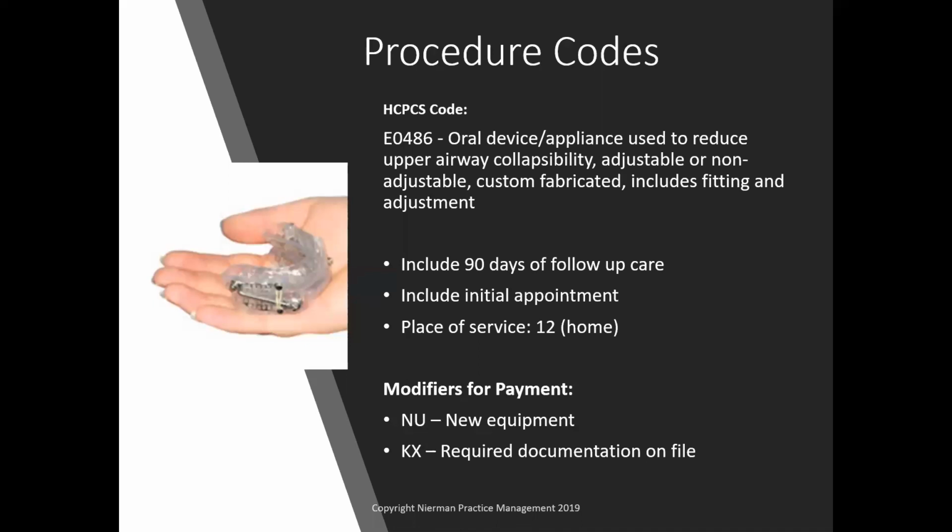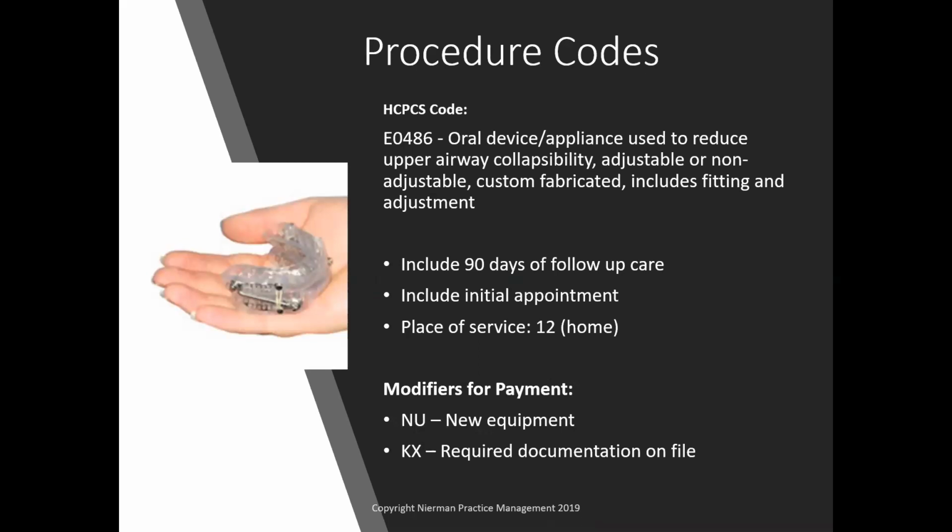So the calibrations of the appliance are included in the E0486. As I mentioned, it also includes the initial appointment, and we'll show you a claim. You do need to have place of service 12 on the claim, since it's a device that patients wear at home. We'll show you an example of that.